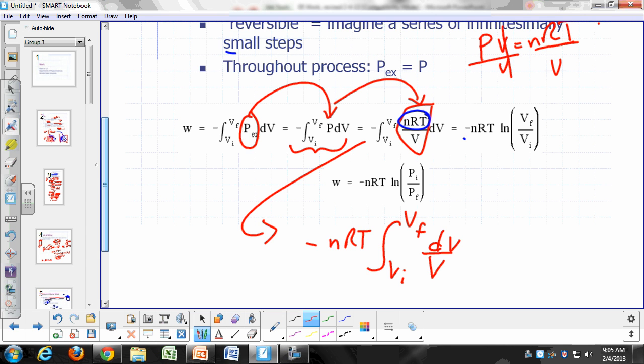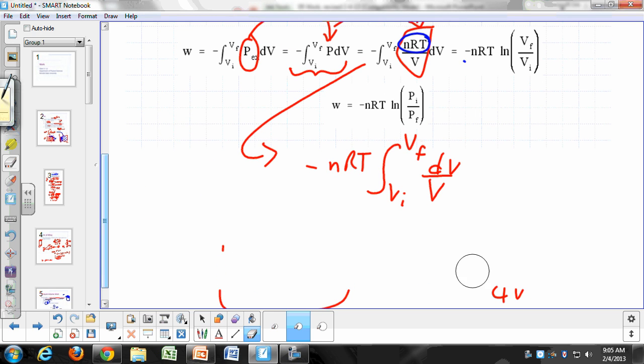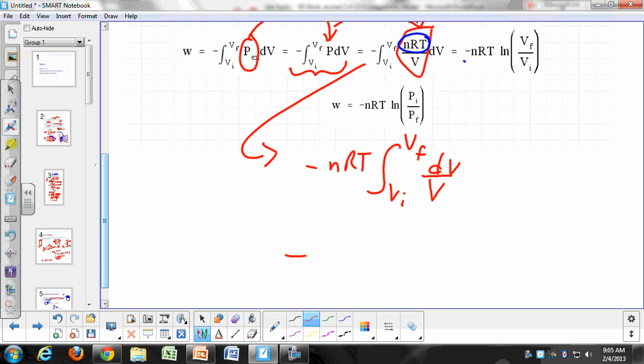What is the integral of dV over V? It's the integral of dx over x, the natural log of x. So this is going to be negative nRT ln V evaluated from V initial to V final.